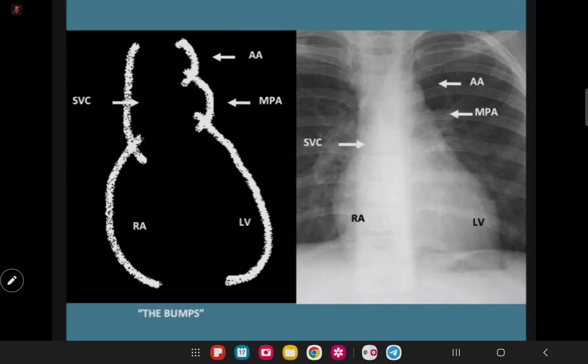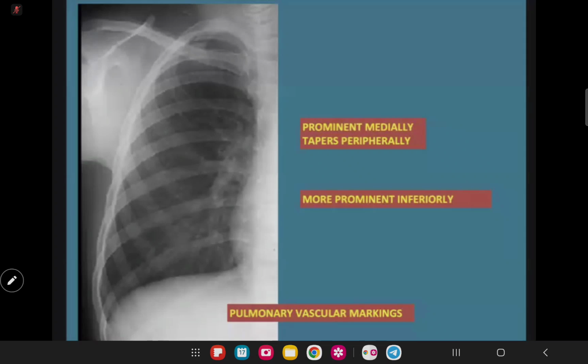Your right atrium and your right ventricle. Pulmonary vascular markings are composed of the pulmonary arteries and veins, bronchioles, and arteries and veins. They taper peripherally and are thicker in the basal segment.